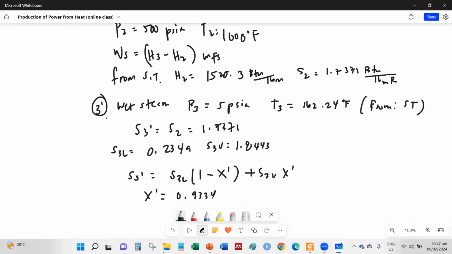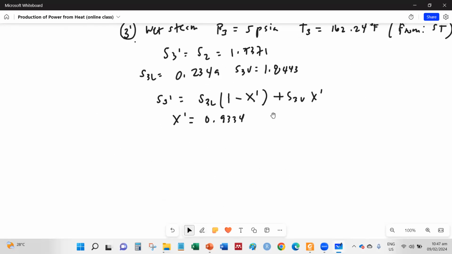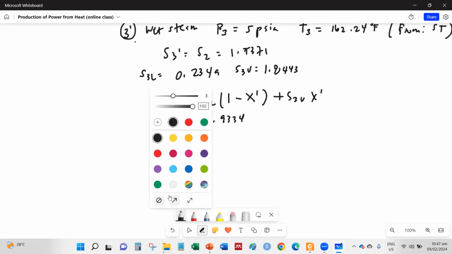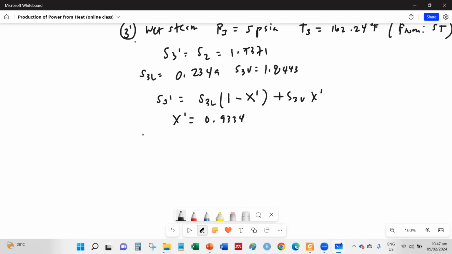So using that, we can calculate for H3 prime. Because H3 prime is just H3L times 1 minus X prime plus H3V times X prime, right?